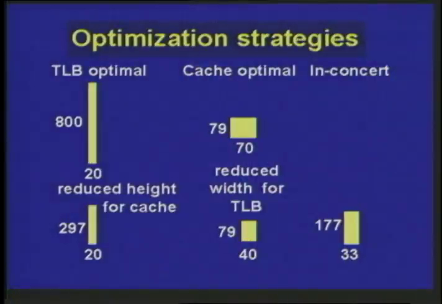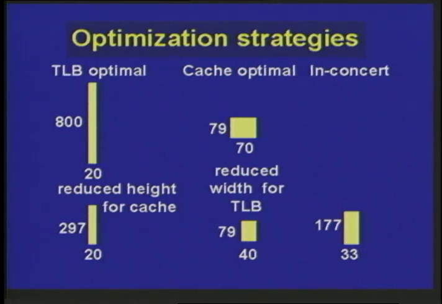Okay, so here's the contest. We're going to start off first with a strategy where we say, let's optimize for TLB first and then for cache. That's represented by the left-hand choices. If we take the single-level cost function, put in the TLB parameters, and grind out an answer, we get a height and width that's very long and thin, looks a lot like you expect TLBs to look like.